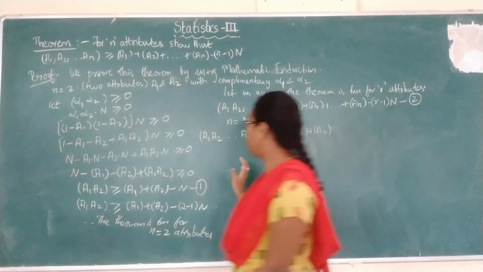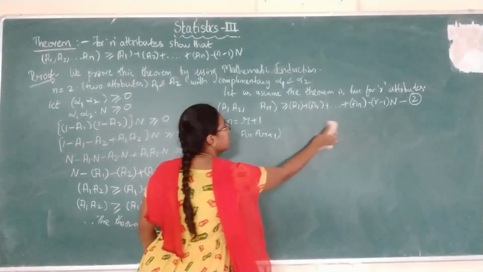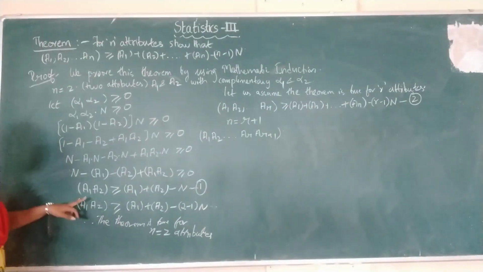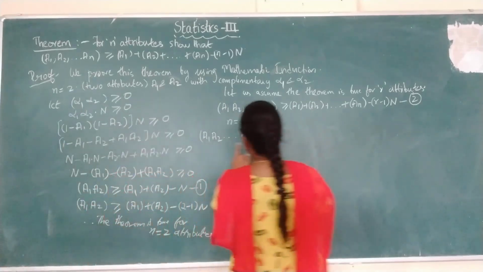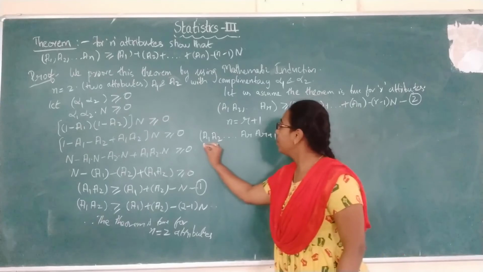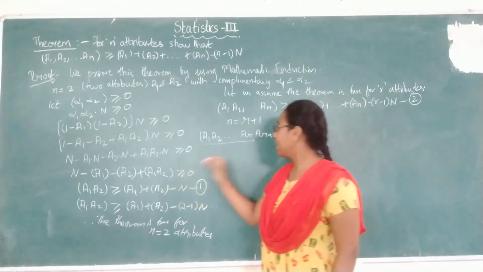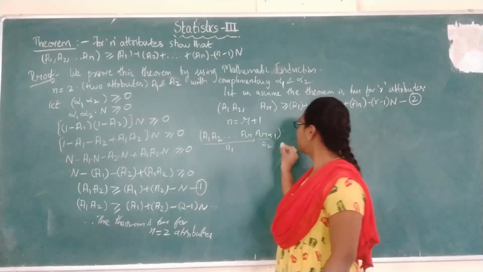Here we will be using equation 2 and equation 1. So whatever we have considered for n equals r, compare with equation 2, up to here you consider as a1 suppose, and up to here you consider as a2.